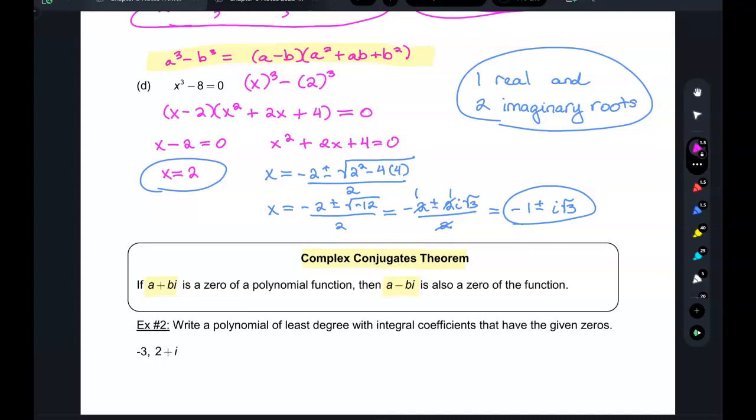What's the opposite of factoring? Multiplying. The opposite of factoring is dividing. Factoring is you're literally dividing it into two parts, right? So it's the opposite of dividing: multiplying.